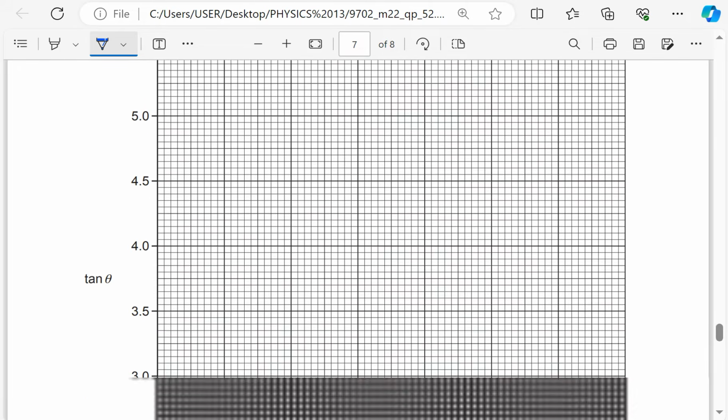It is 6.17. 6.15 is one box, so it is approximately here. So I'll put my point approximately here. That is 6.174 against 83.3.